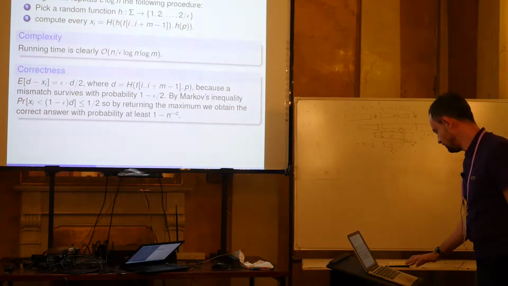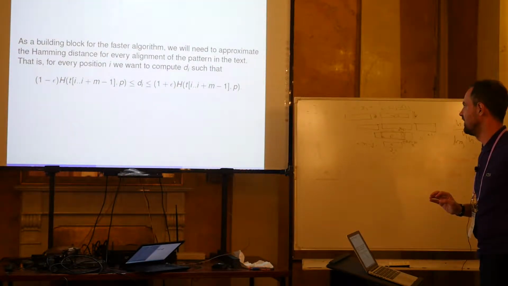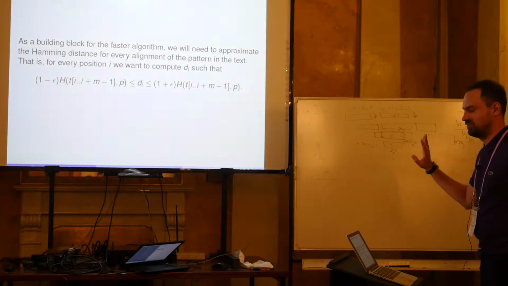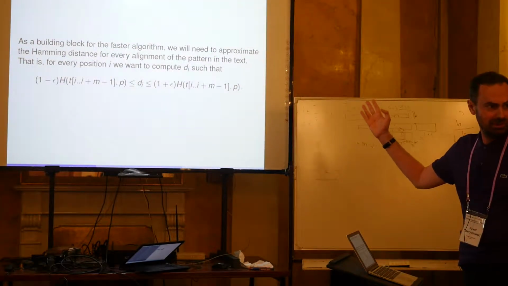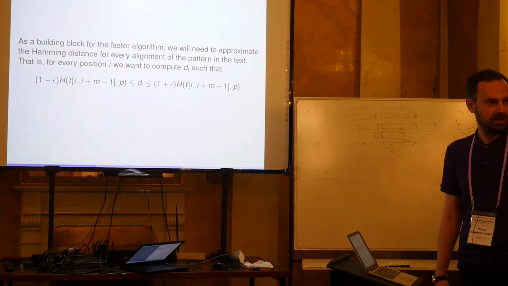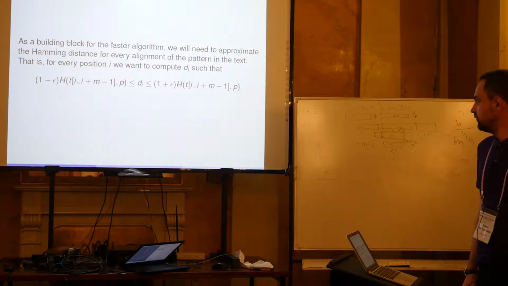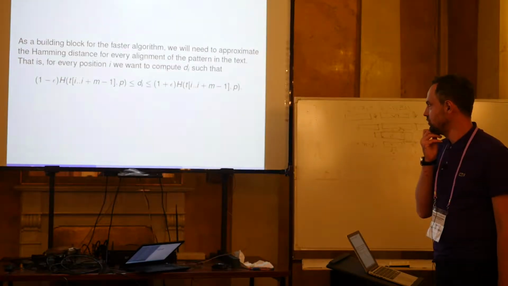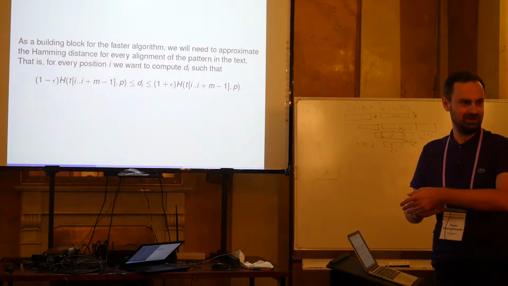In fact, my definition on the previous slide should maybe be just from one direction. Just the left inequality is interesting, and the upper would be that I get at most the answer. But in fact, as Karol pointed out, the usual definition is in the other direction, that we want our number of mismatches to be not too large.